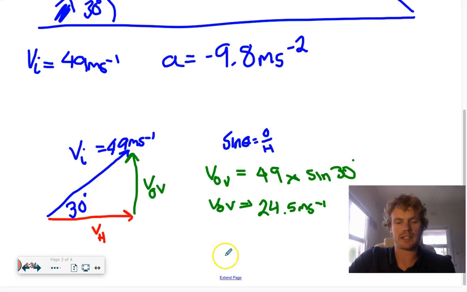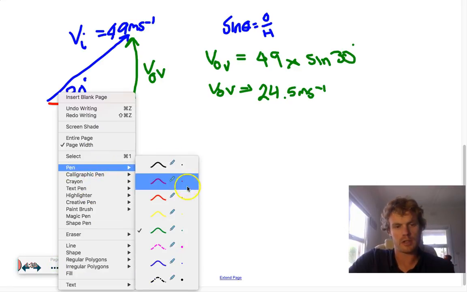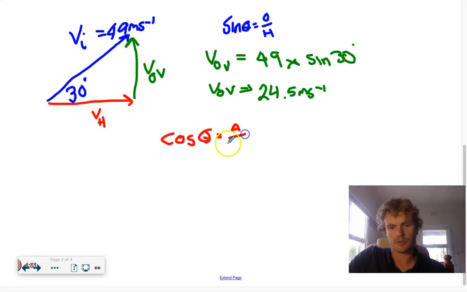Now while I'm doing this calculation, I'll also do the horizontal. I'll have to use cosine for that: adjacent over hypotenuse.